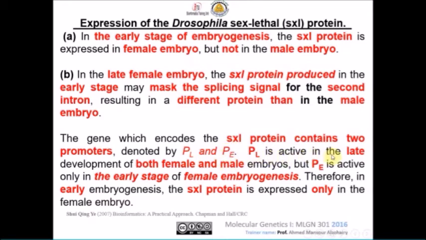PL is active in the late development of both female and male embryos, but PE is active only, and this is the only difference, in the early stage of the female embryos. Therefore, in early embryogenesis, the SXL protein is expressed only in the female embryo.